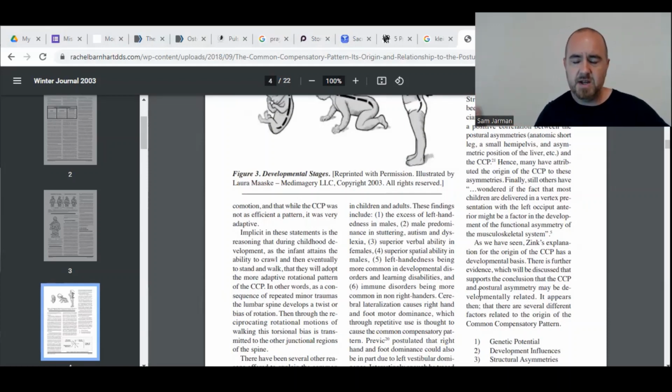But what you've already seen there is Zink thought that there were a lot of things going on with the development of the lumbar column in children. He thought that. He didn't test it in a falsifiable way. He just thought that and then developed above it. So he made an assumption and he built on top of it.